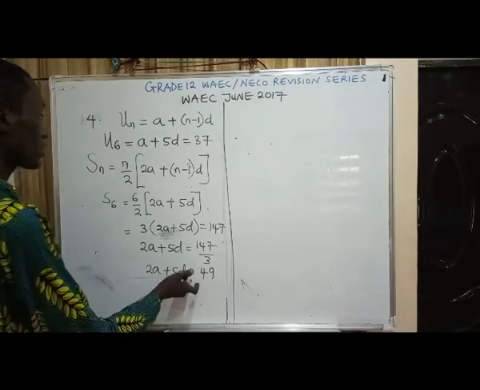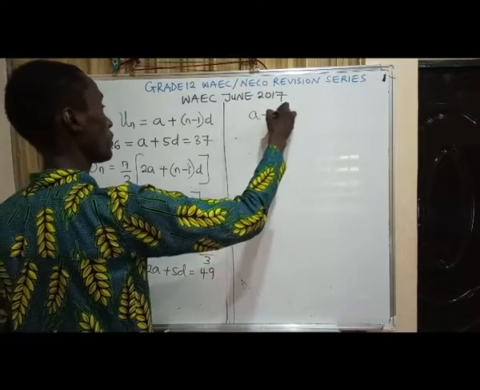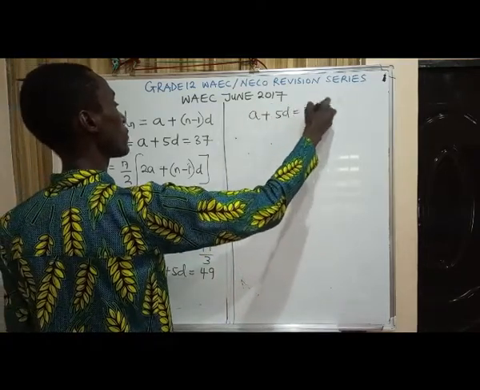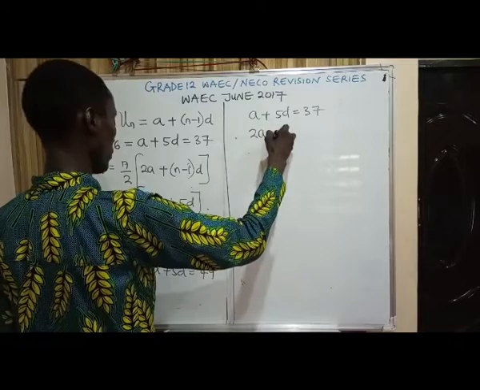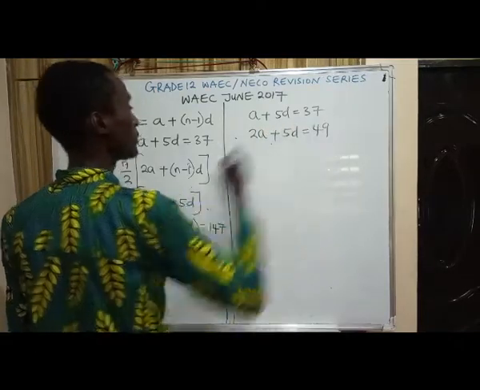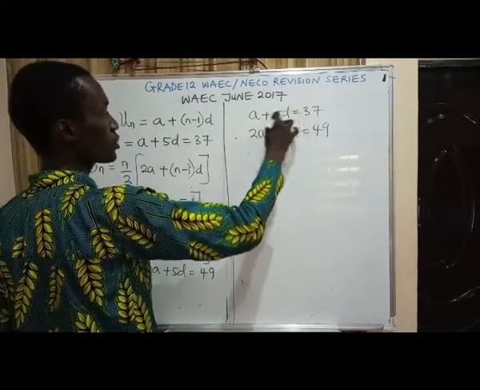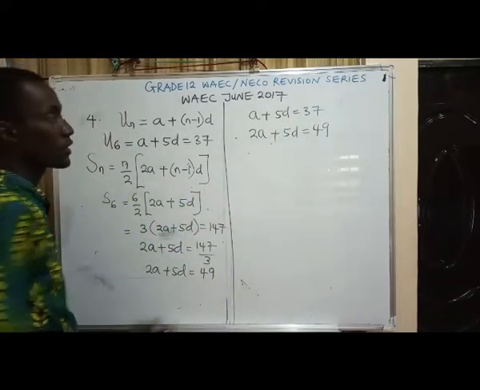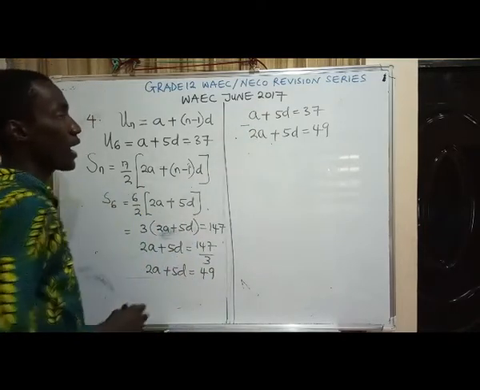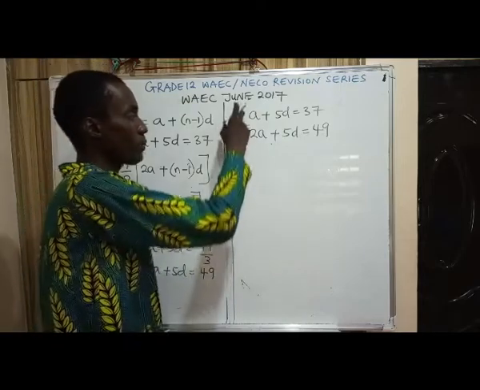Now, we have this equation. What you observe is that you have a plus 5d equal to 37 and 2a plus 5d being equal to 49. So, what am I going to eliminate? It's safe for me to eliminate 5d. By subtraction, you've been taught from primary school time that you do top minus bottom.